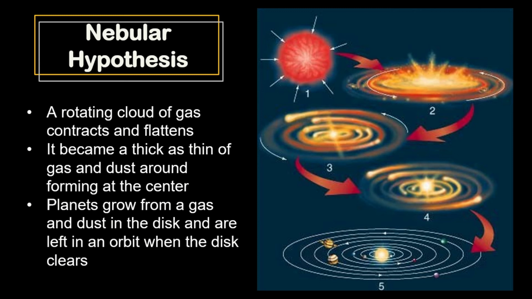The second part, it flattened, and then a mass formed in the middle, and it formed into our proto-sun. And the disks were formed, rotating disk, and then from that disk formed the planets. Yan. So that is our nebular hypothesis.